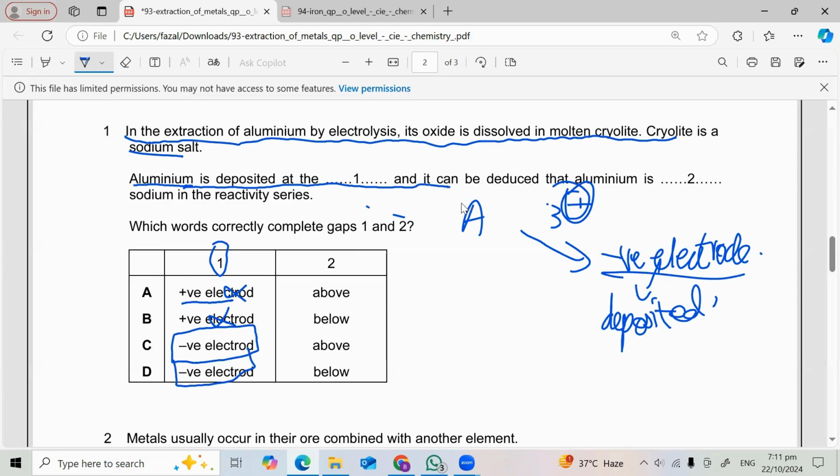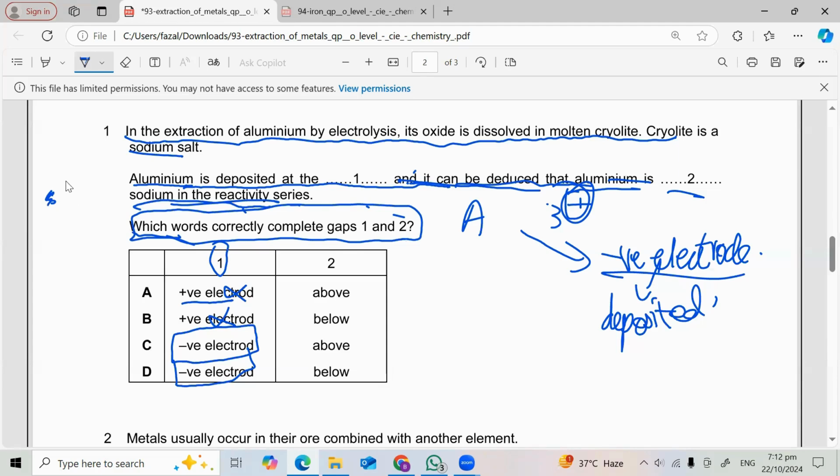Now let's move on. And it can be deduced that aluminium is dash sodium in the reactivity series. So we know that aluminium is lower than sodium in the reactivity series, right?